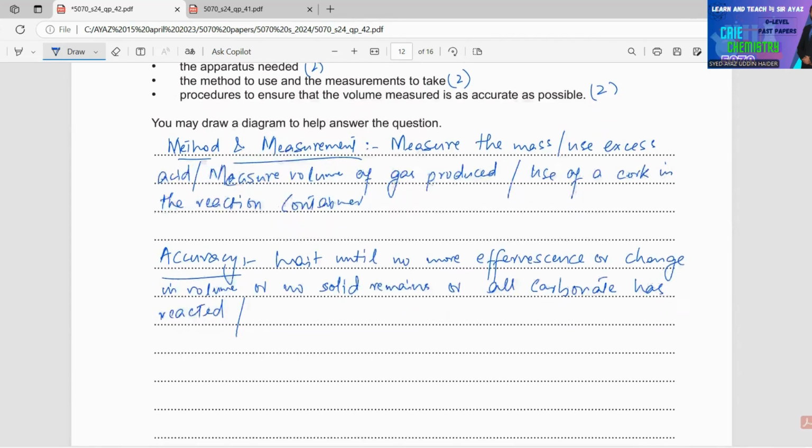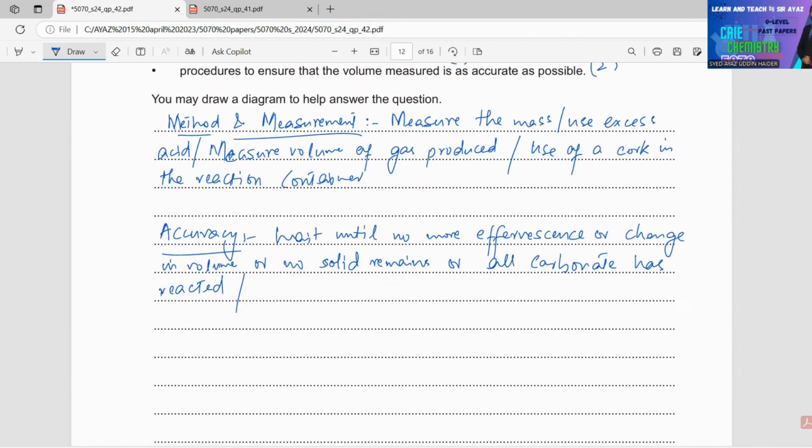Then, for accuracy, you definitely have to repeat to take an average. This is for reliability.